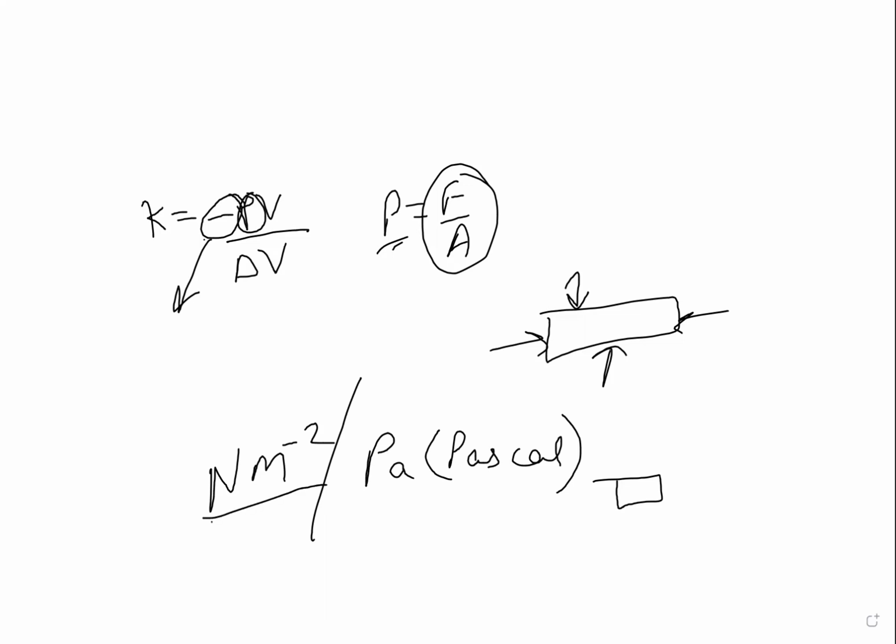So Newton per meter square or Pascal, because stress is force upon area, which represents pressure, and the unit of pressure is Pascal. Clear? Jessica, is it clear? Yes, ma'am. I think my mic isn't working properly today.